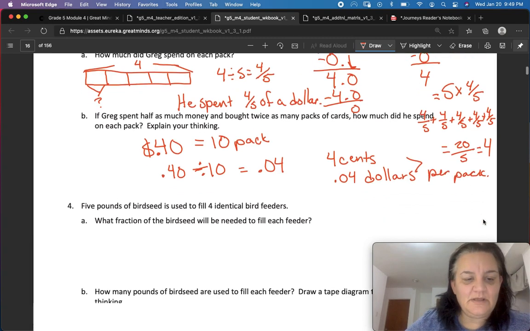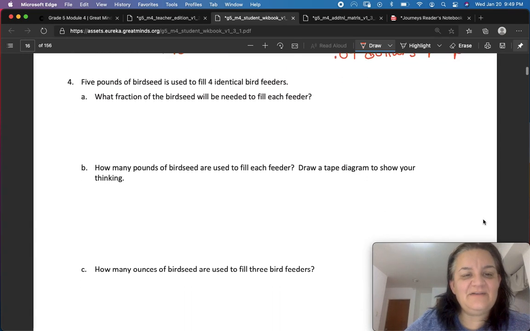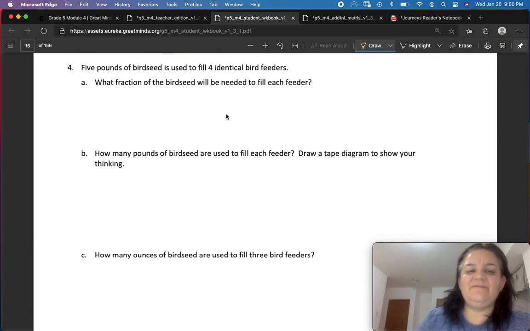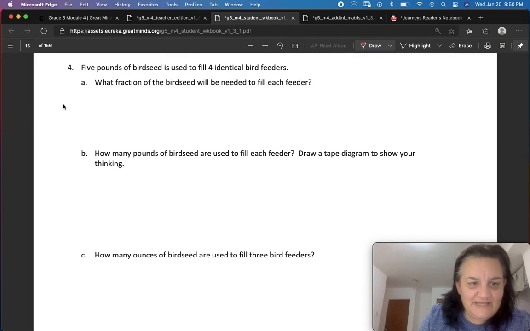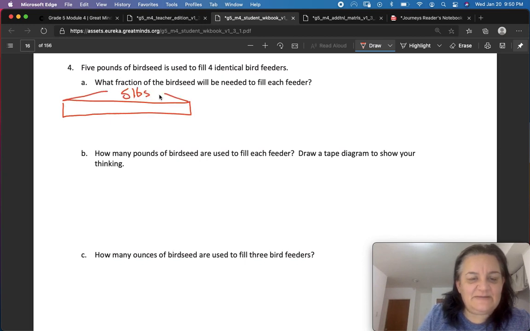Good. Number 4, 5 pounds of birdseed is used to fill 4 identical bird feeders. What fraction of the birdseed will be needed to fill each feeder? Okay, so we're going to use a tape diagram. And that equals 5 pounds. LBS means pounds. To fill 4 identical bird feeders. 1, 2, 3, 4.